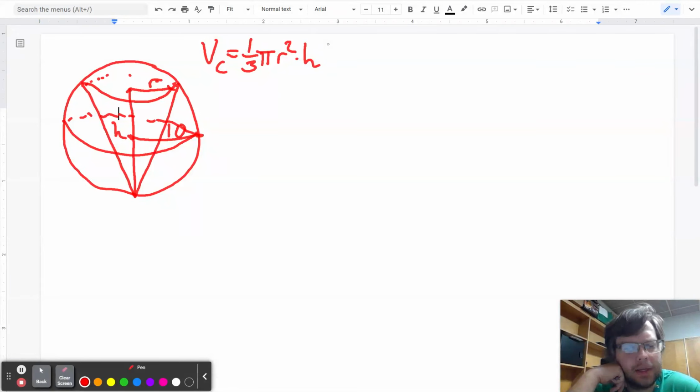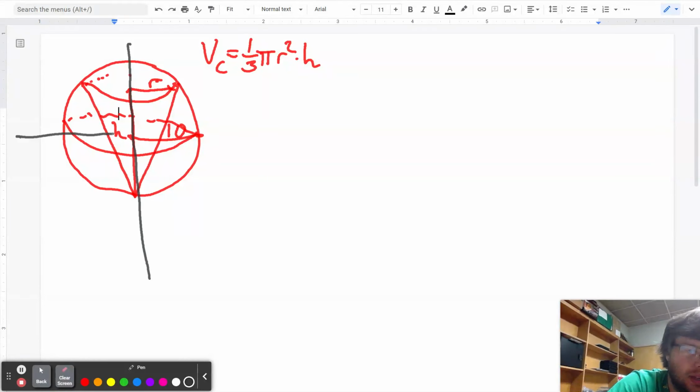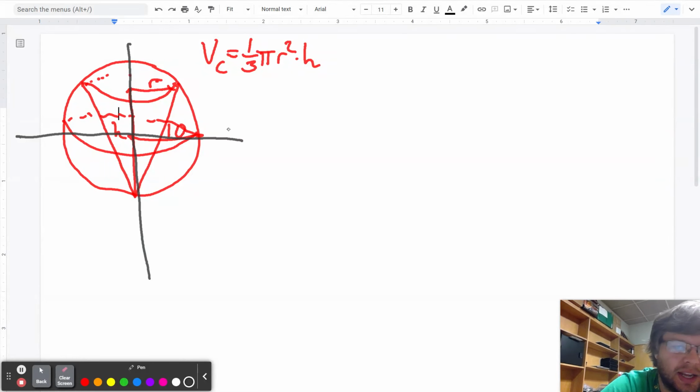Okay, so what I'm thinking is that if we imagine the sphere centered right here along an x and a y axis, what we could think about is a point along the sphere as being a point on the unit circle.